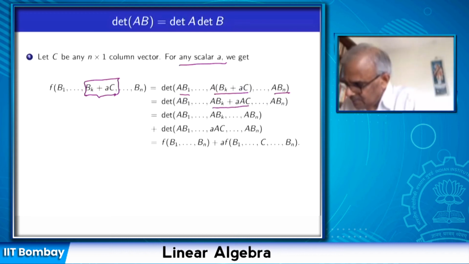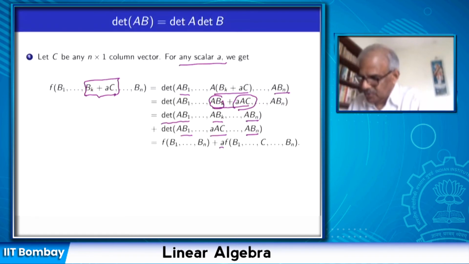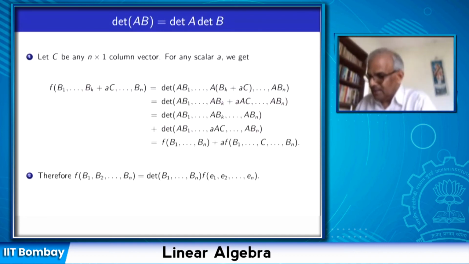I apply the multilinear property of the determinant function, so I can separate ABk and A times aC, and I get the determinant of AB1, ABk, ABn, and the determinant of AB1, AaC, ABn. This a comes out again by multilinear property, and therefore this is equal to F of B1, B2, Bn plus a times F of B1, C, Bn. So F is multilinear.